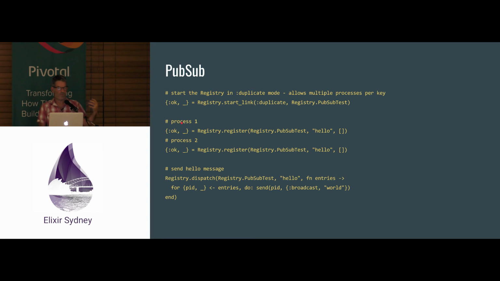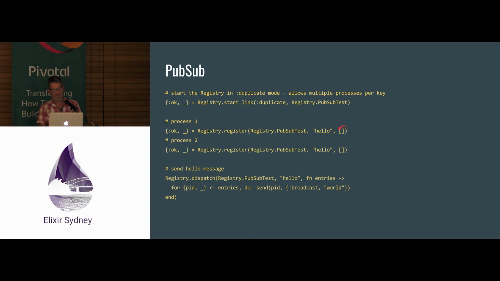I'm showing more about the subscription here. Sending something to the registry is relatively easy. So you can see from within a process, I am saying for this Registry PubSub Test against the key hello, register. So this is called within process 1, so you've got to pretend I'm in process 1 here. I'm calling this function.